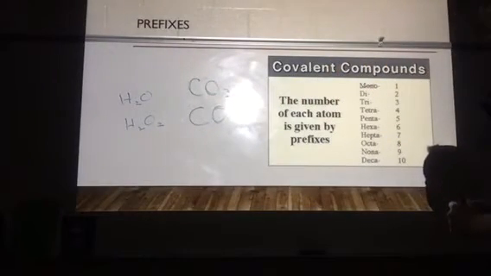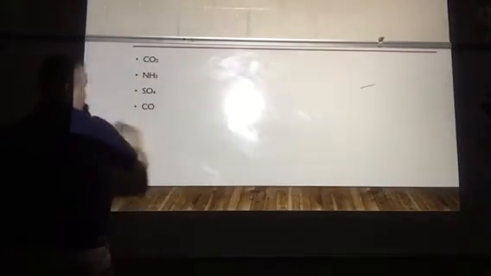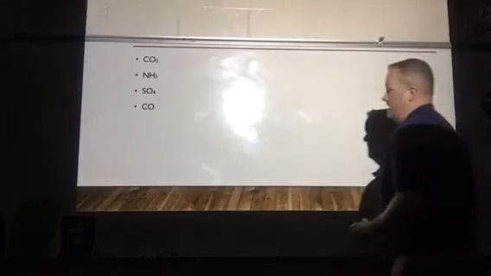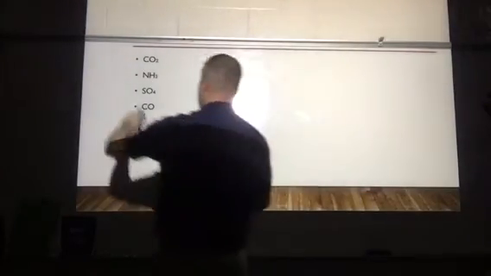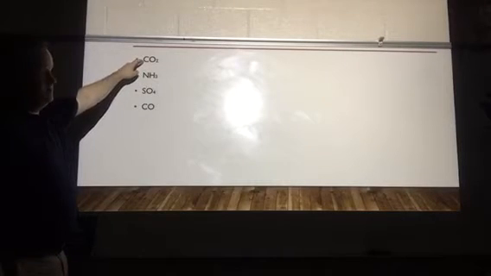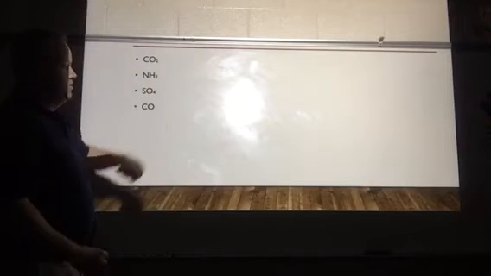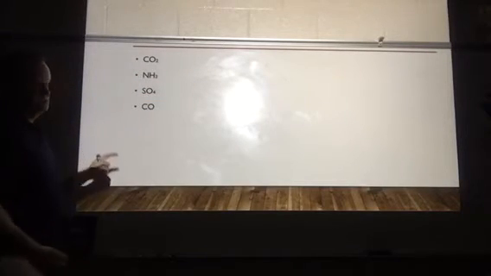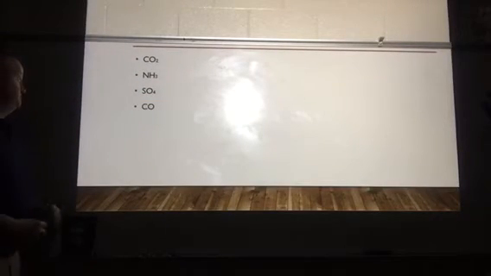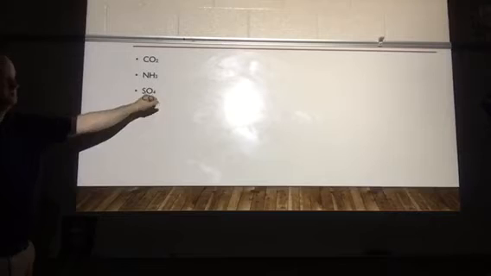Okay? So, looking at these examples, how would I name these? Again, using the prefixes. The name for the first one, as we've already said, is carbon dioxide. Over here, I have NH3. We would call that nitrogen trihydride. SO4 would be called sulfur tetraoxide.